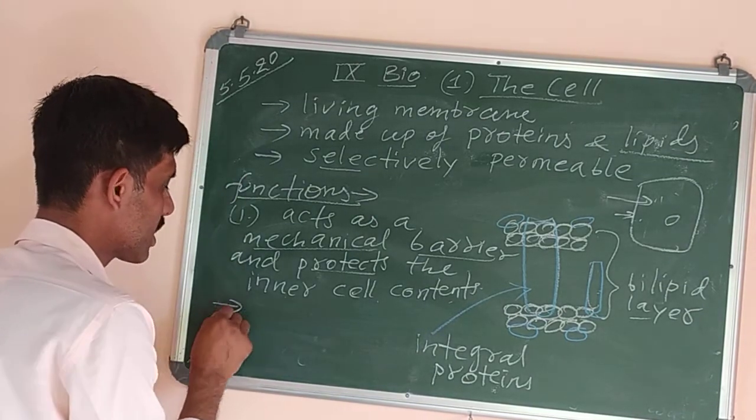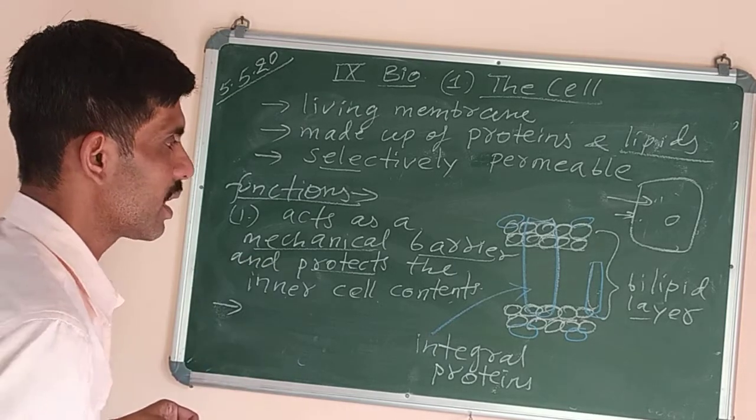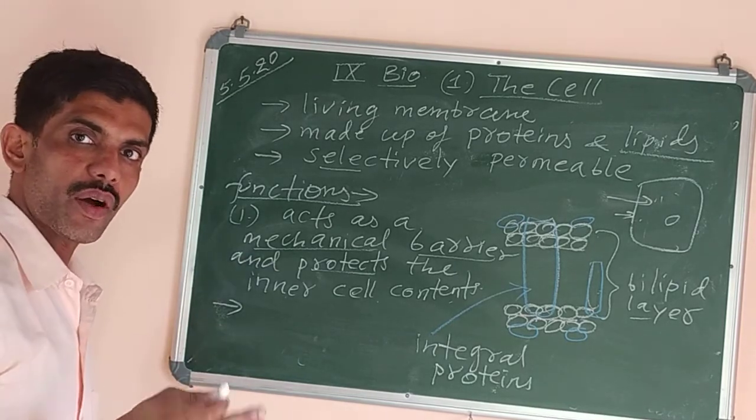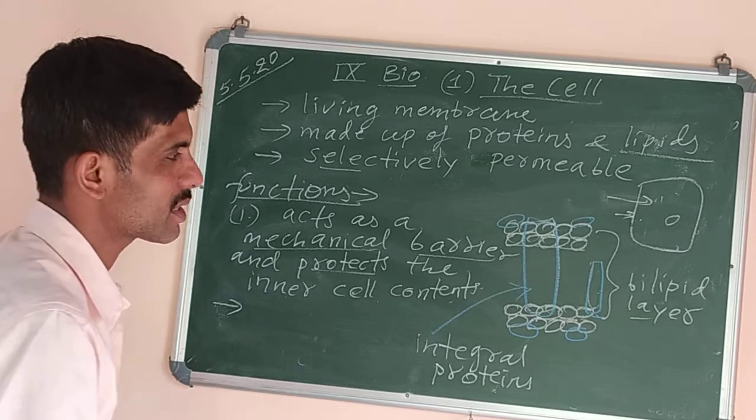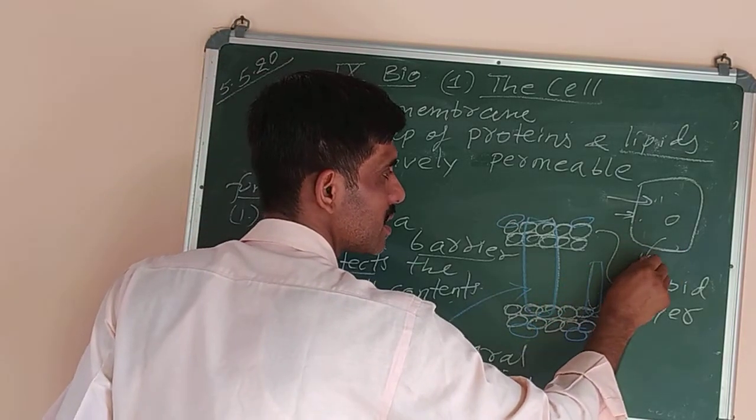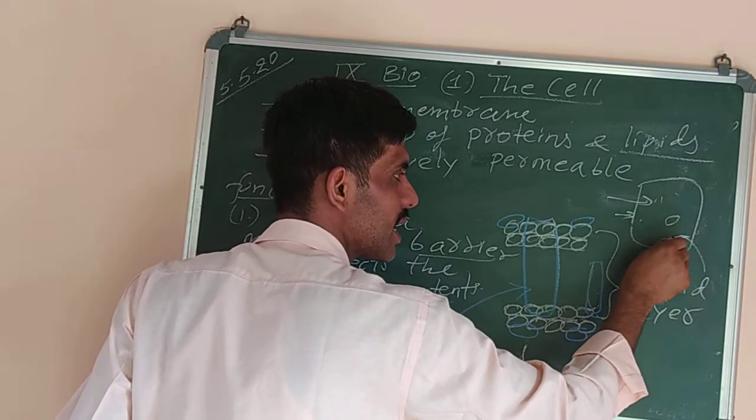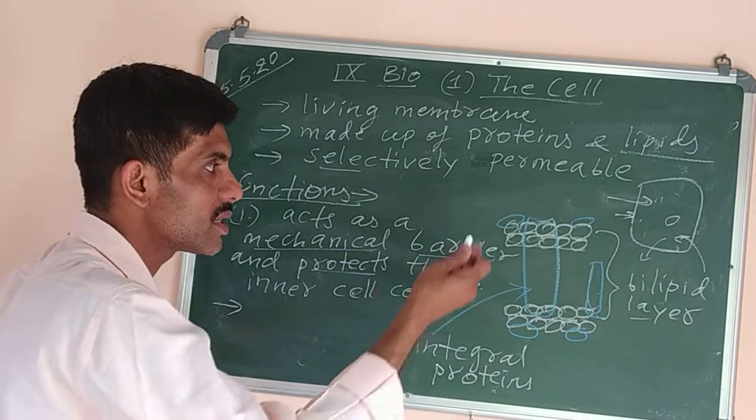Now the second function of the cell membrane: it allows the movement of molecules. Certain substances can move outside, and some substances can diffuse inside the cell through the cell membrane.